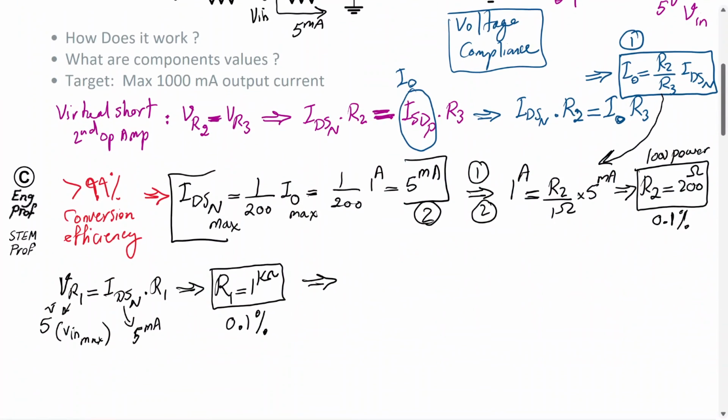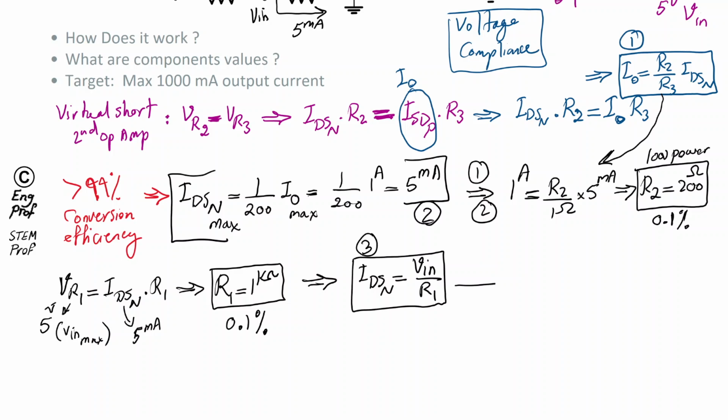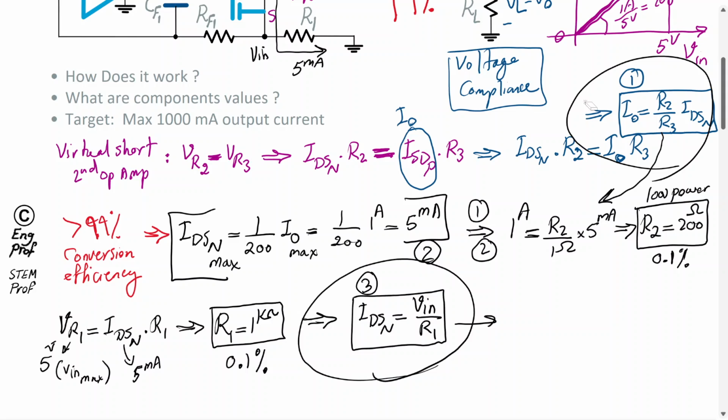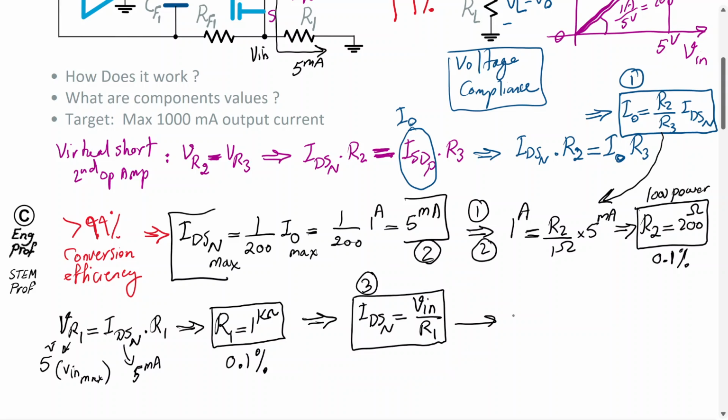So the current IDS of the N-channel MOSFET will always be equal to V in over R1. Now combine this equation 3 with equation 1, and we basically get the final formula.